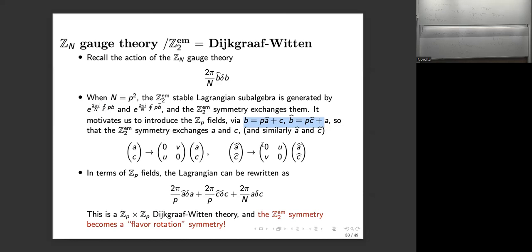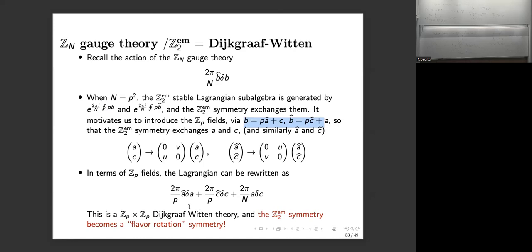The second nice thing is that when you plug into the Lagrangian, the original Zn gauge theory becomes a Zp times Zp gauge theory with a Dijkgraaf-Witten twist. And nicely, this Zp times Zp gauge theory has two gauge groups, Zp and Zp, and the original EM symmetry just exchanges the two Zp factors.